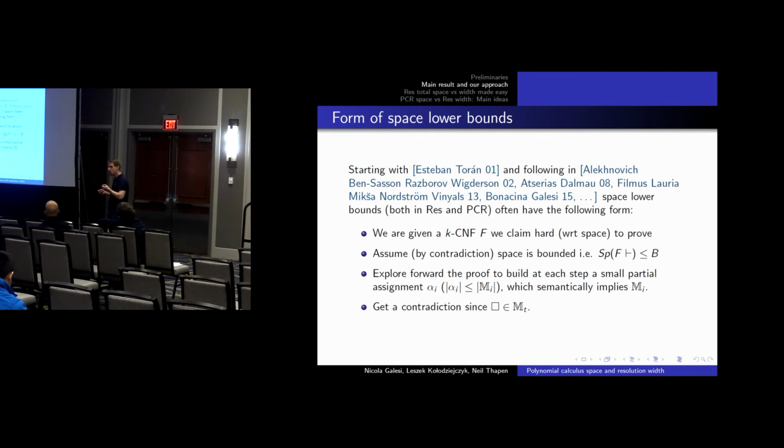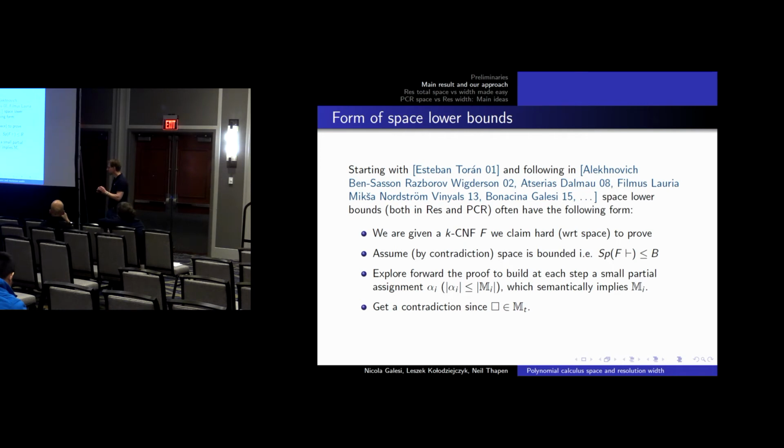So how do you prove a space lower bound in resolution? Most proofs go in the following way. Assume by contradiction that there is a proof in space B, using at most B clauses. I'll do a proof by contradiction by maintaining a partial truth value assignment for every time step.